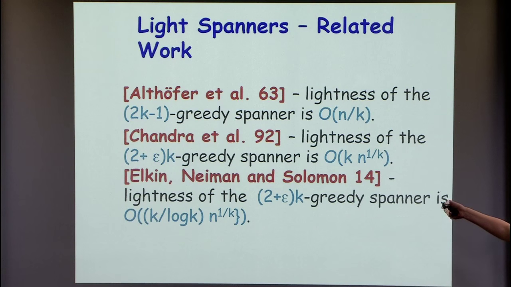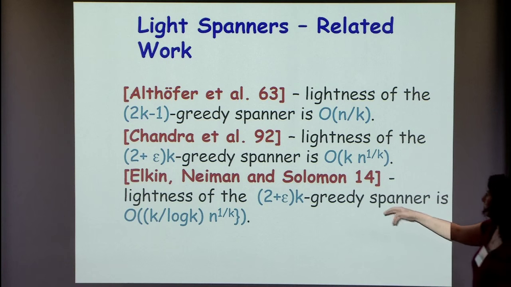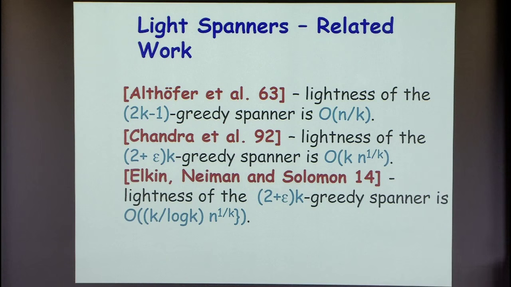Later, it was shown that if you're willing to pay a bit more in the stretch, not 2k minus 1, but another factor of 1 plus epsilon, then the greedy spanner itself already gives you a much better lightness of k times n to the 1 over k. So a natural question is, can we remove this k? Or do we need it?